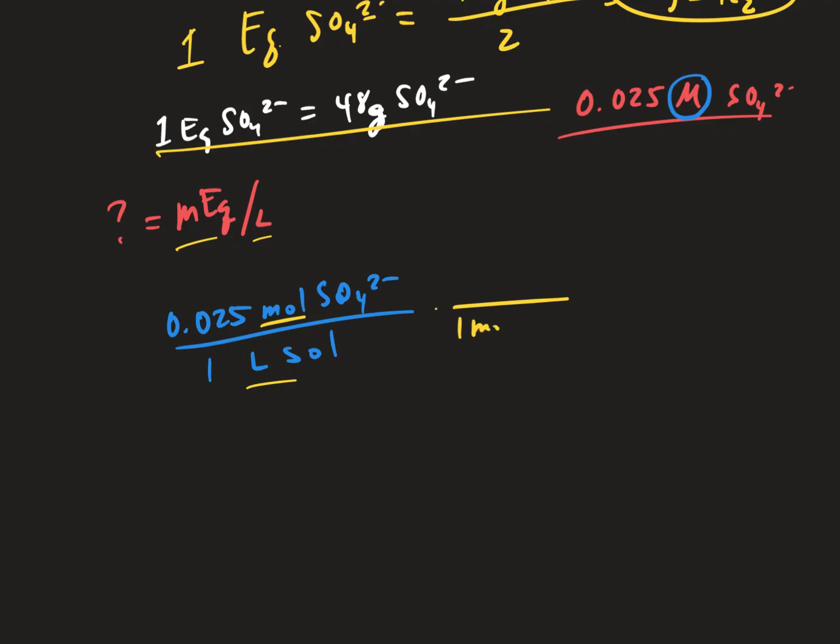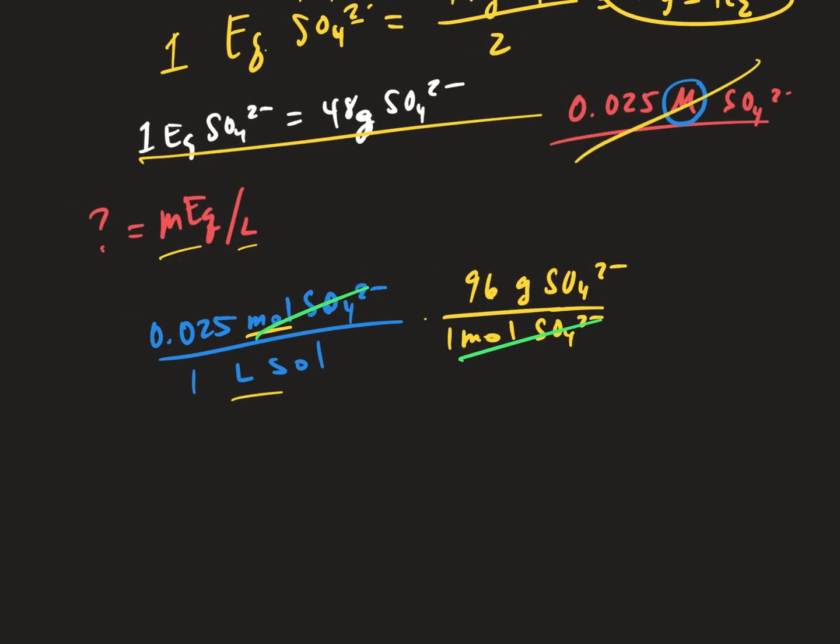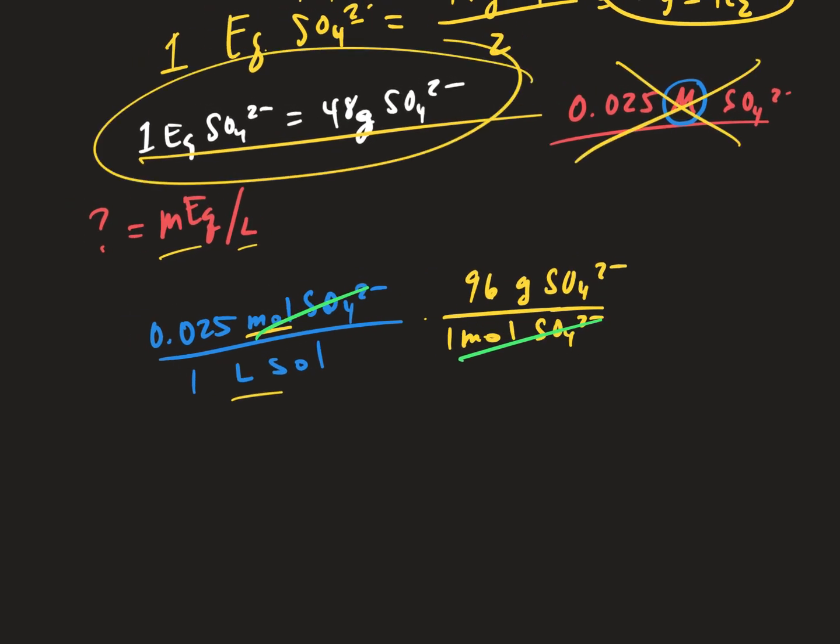So 1 mole of sulfate goes on bottom so they can cancel. Are you all with me? And the molar mass, we already figured that out, is 96 grams of SO4 2 minus. Good? Can you all do this? Okay. So that goes away. And now we have grams. We use this one. We didn't use this yet. Can we use that now?